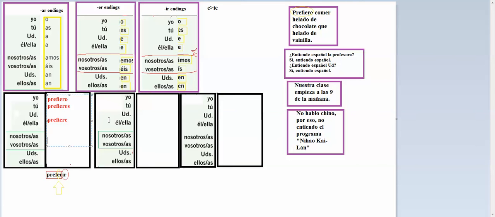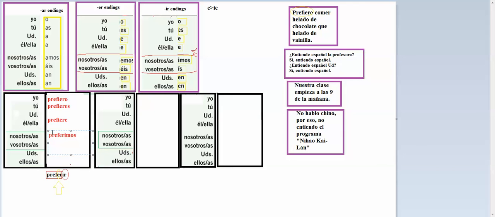Nosotros and vosotros, however, fall in that green box, so I am not going to make the change here. I'm going to leave it as prefer and add IMOS.